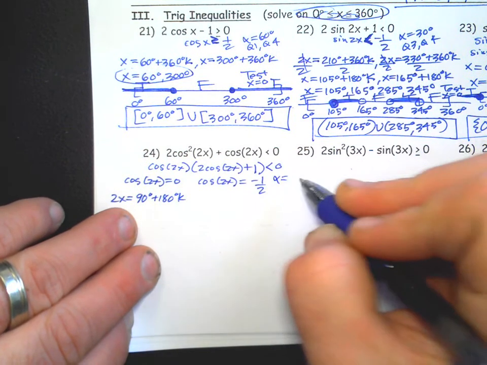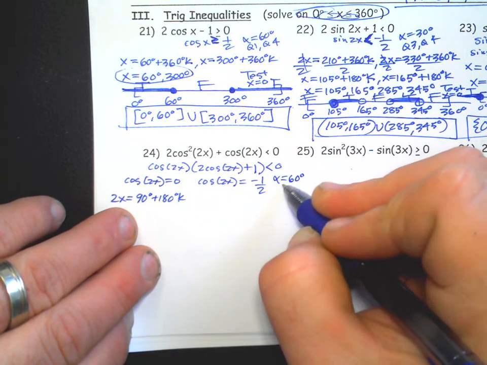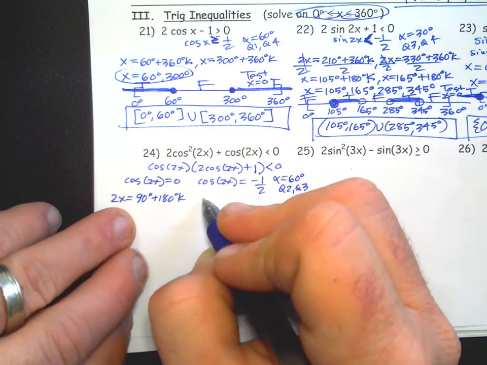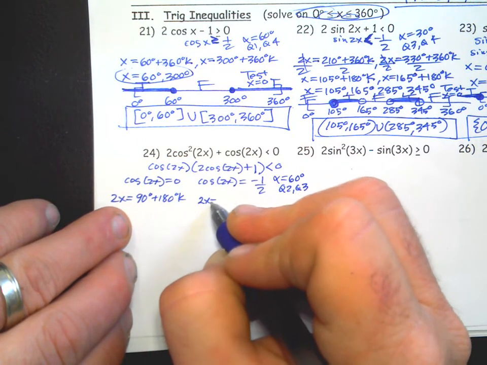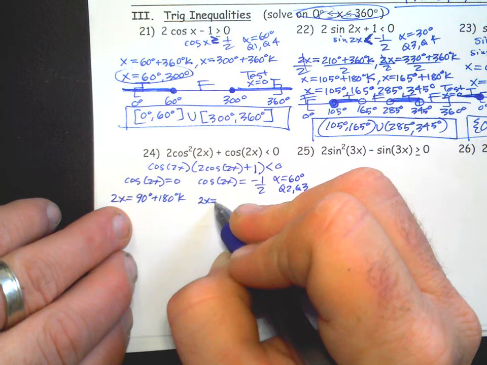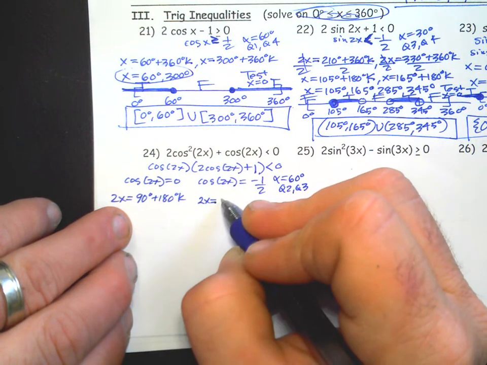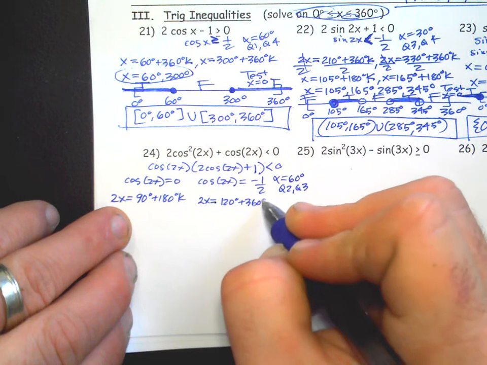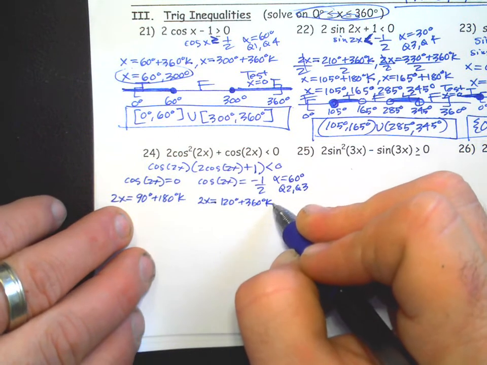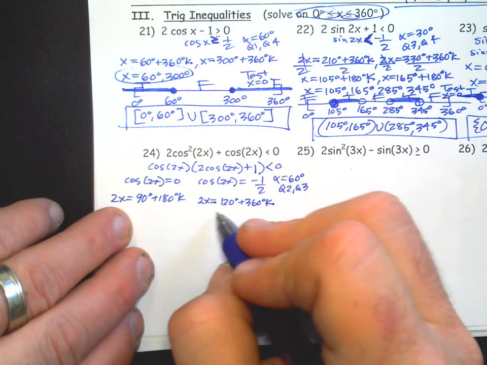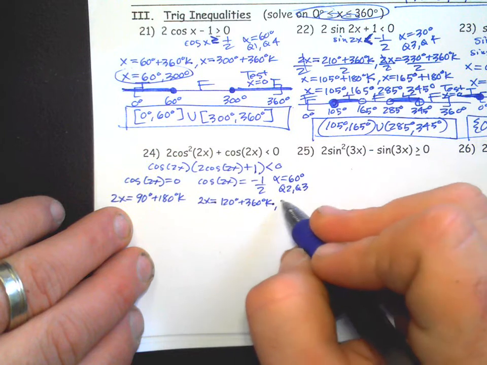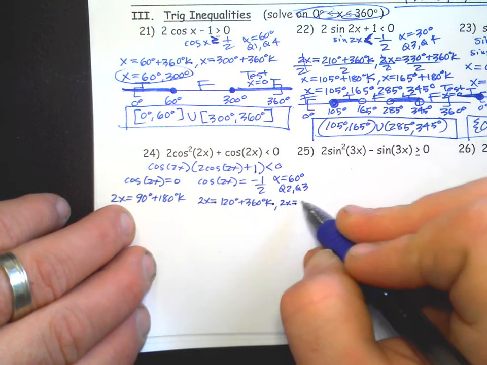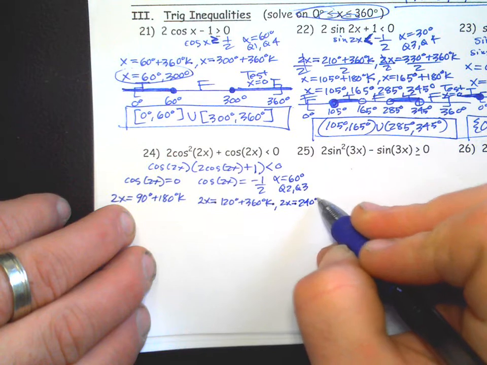Alpha, when does cosine equal 1/2? 60 degrees. When is it negative? Quadrants 2 and 3. So 2x equals quadrant 2 would be 180 minus alpha, 120 plus 360k. Quadrant 3 would be 180 plus alpha, 240 plus 360k.